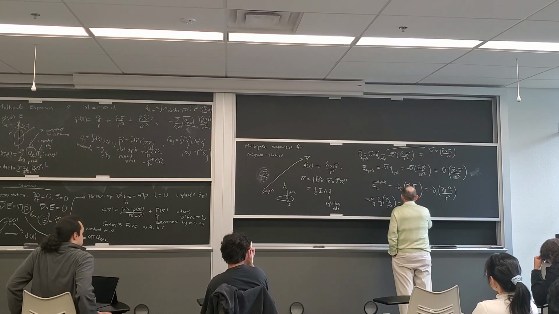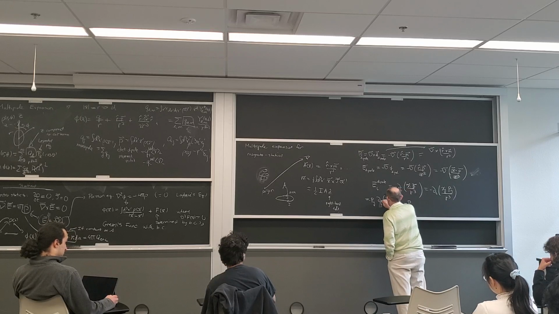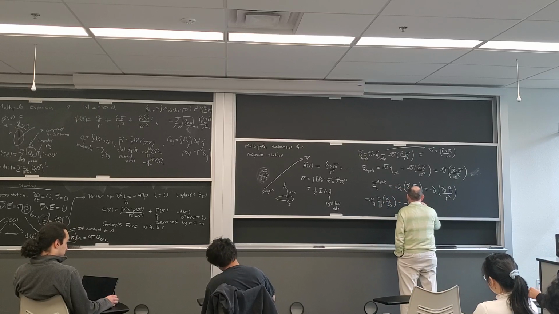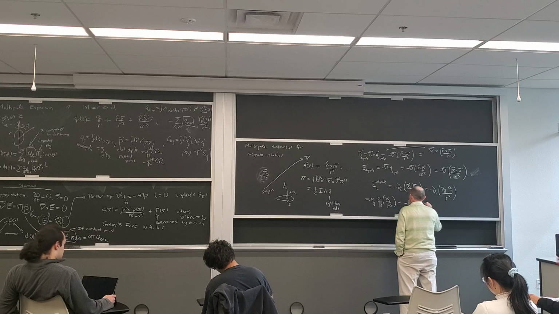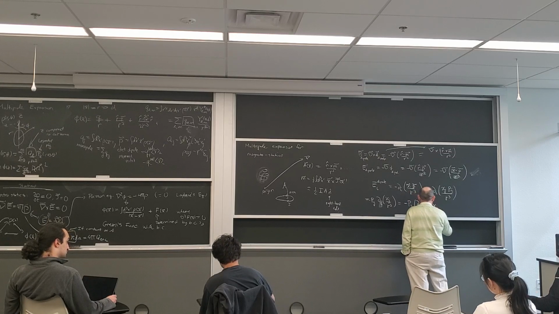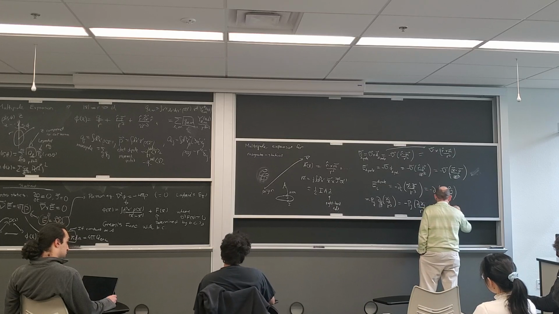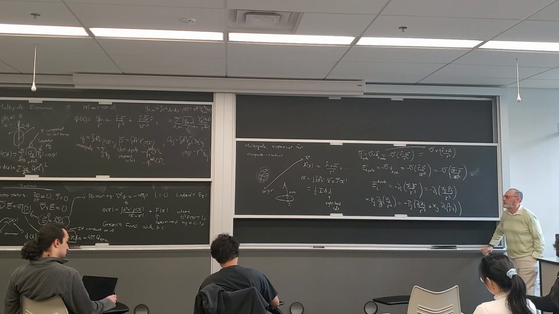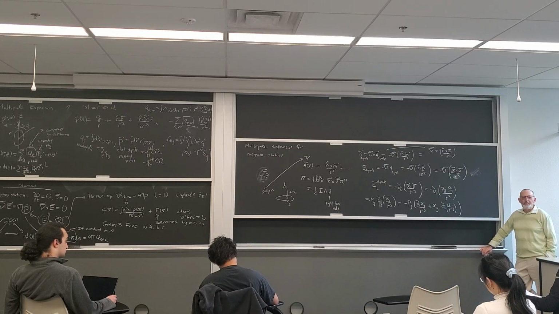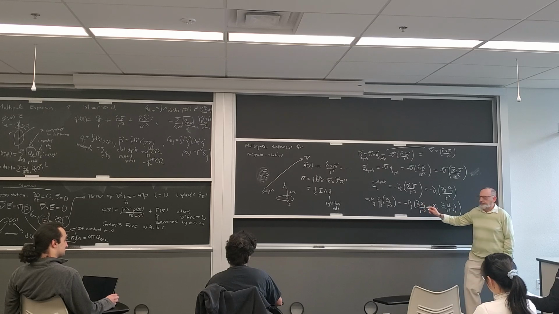It's equal to p_j, oh, this is i, partial_i of x_j over r cubed plus x_j partial_i of 1 over r cubed. Everyone with me? Using the product rule. What is this derivative? Kronecker delta?